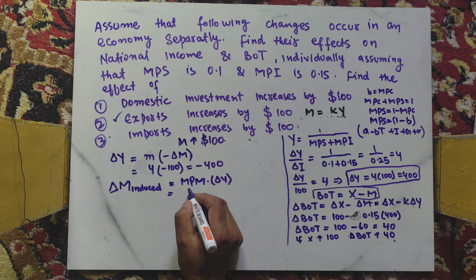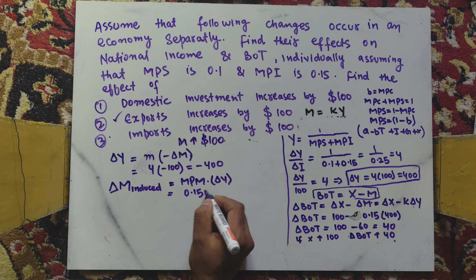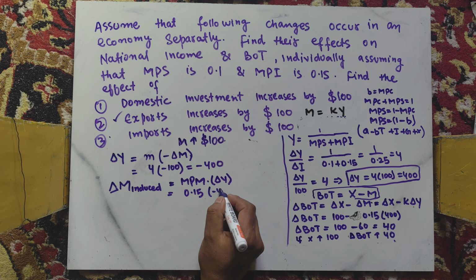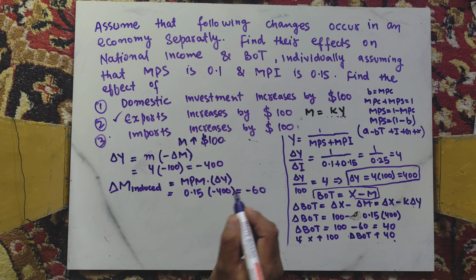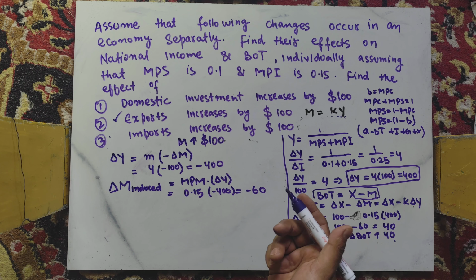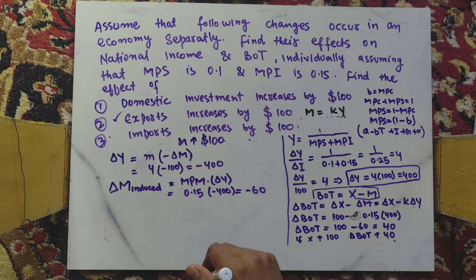So marginal propensity to import is 0.15 and change in the income is negative 400, which will be equal to negative 60. So this is the induced change in the imports.